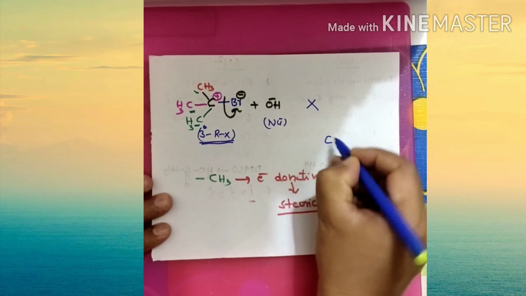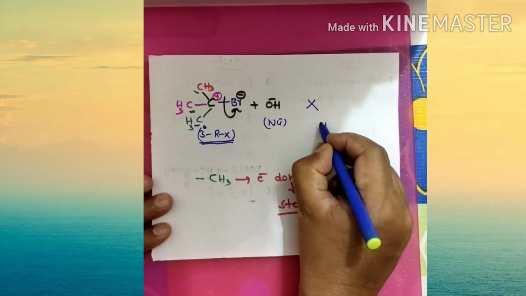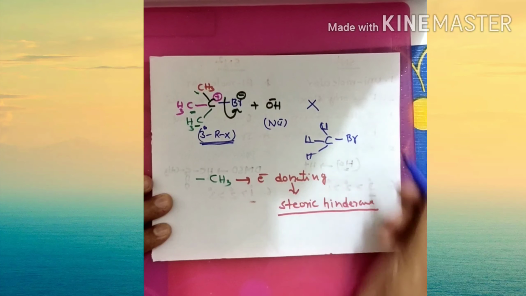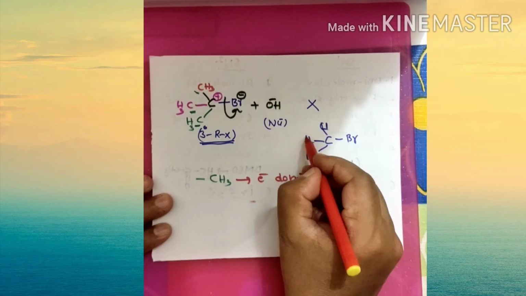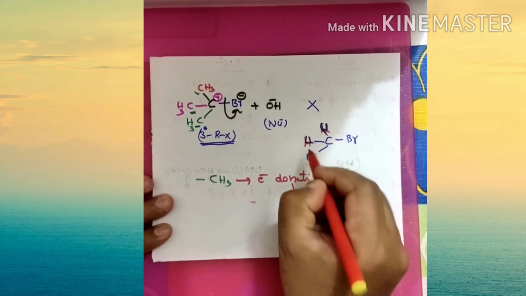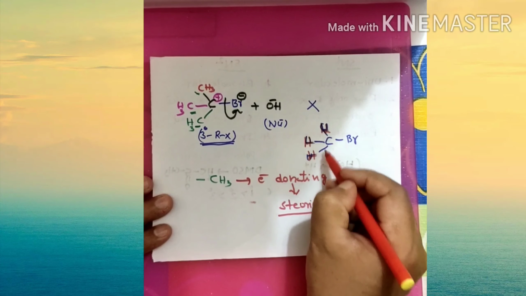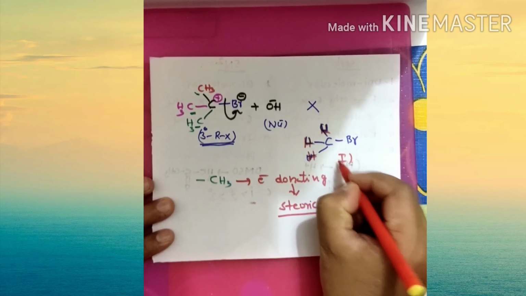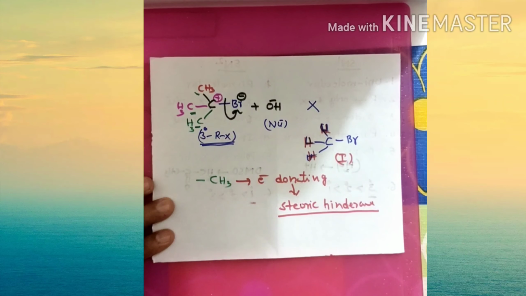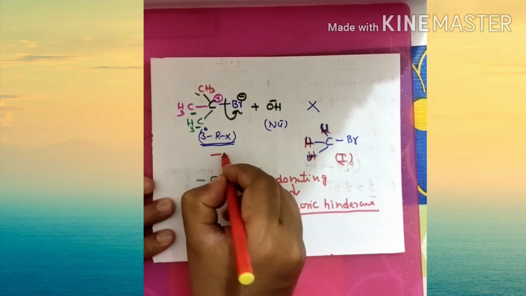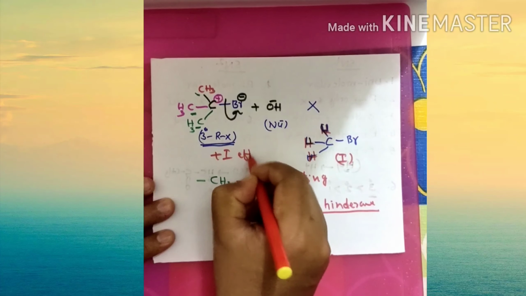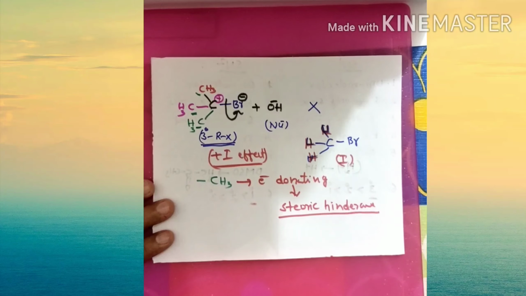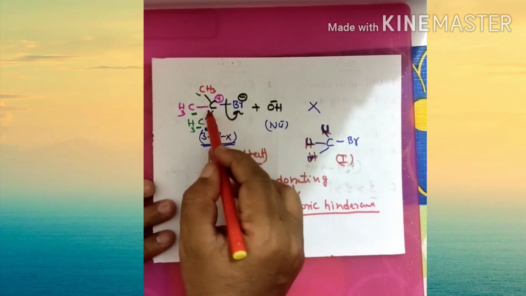Now go for the methyl group, as we took the methyl group. Here we have CH3 and Br. Here these hydrogens can't show any steric hindrance. They can't donate electrons and can't show any inductive effect. Methyl groups are electron donating, so they show a positive inductive effect, and due to that they show steric hindrance against the attacking nucleophile.